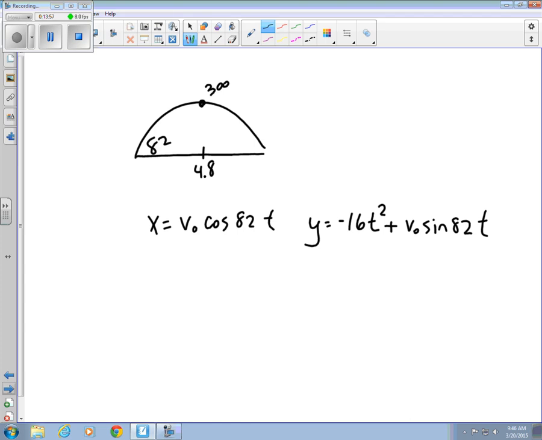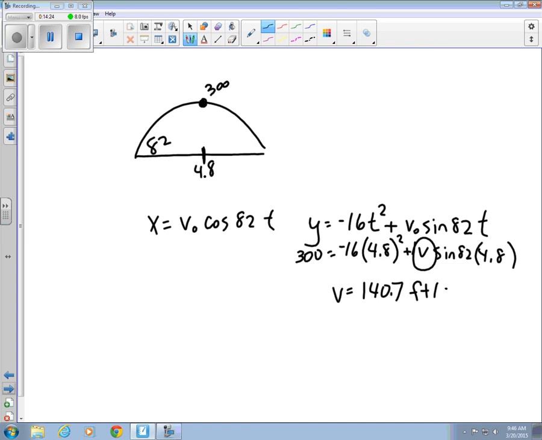If you had to find the initial velocity of a shell fired from ground level, here's one thing that you know: at 4.8 seconds, it's going to be 300 feet up. So now you should be able to solve for v. And if you do, you find out that it's 140.7 feet per second.